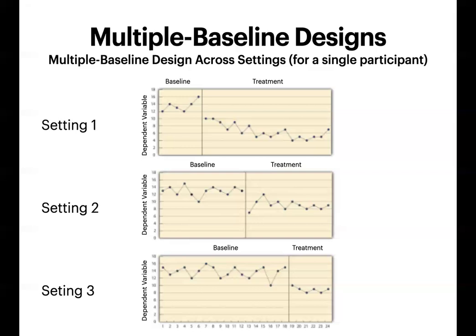For instance, a baseline might measure the time a child spends reading during free time at school and at home. Subsequently, treatment such as positive attention is introduced first at school and then at home. If the dependent variable changes following the treatment in each setting, this suggests that treatment is likely responsible for the observed changes, increasing the researcher's confidence.